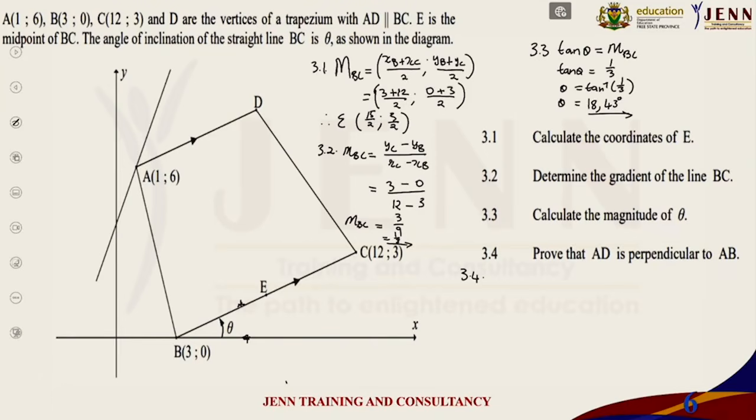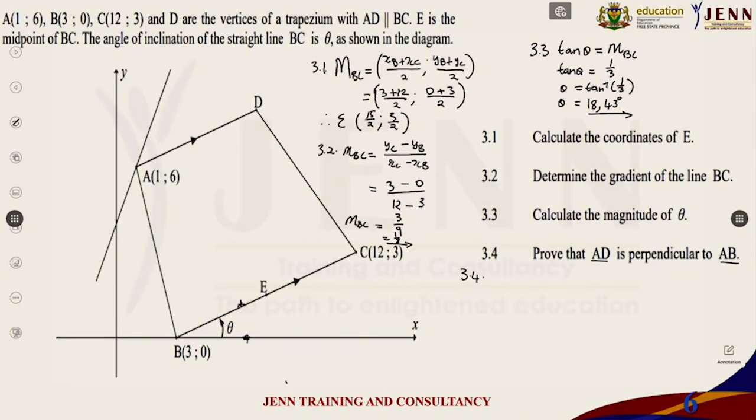When we multiply their gradients and the answer is -1, it tells us that the two lines are perpendicular. So we must have the gradient of AD as well as the gradient of AB.